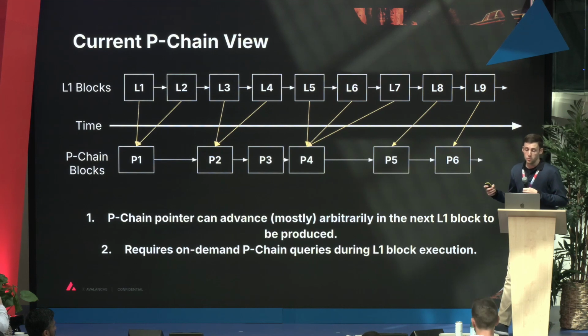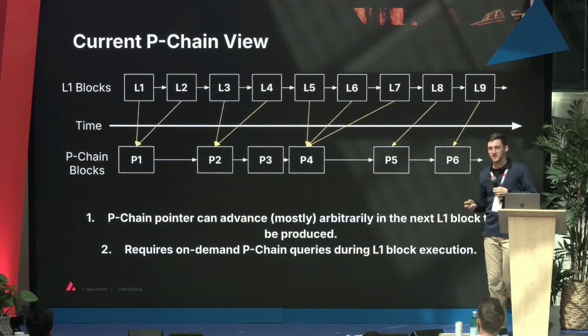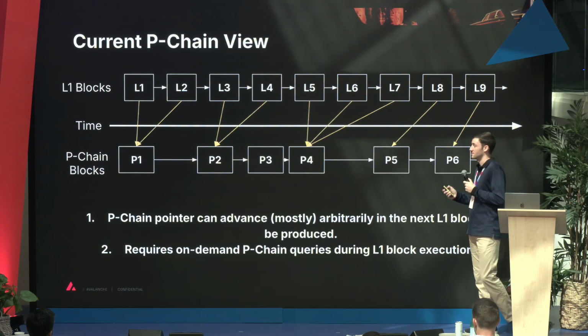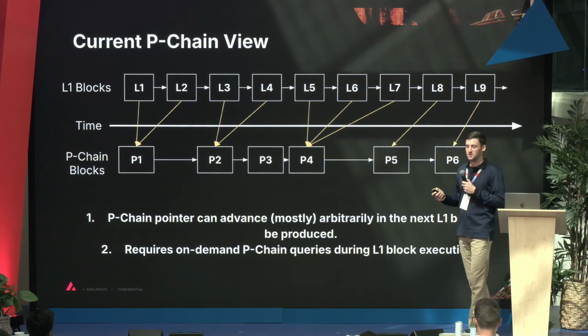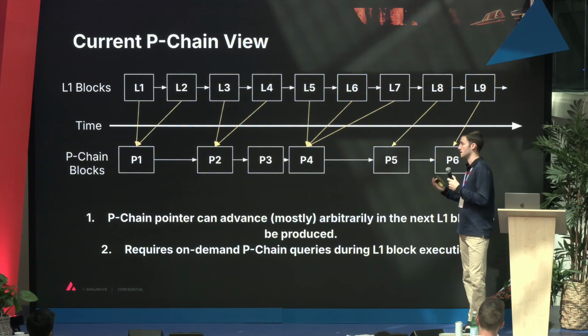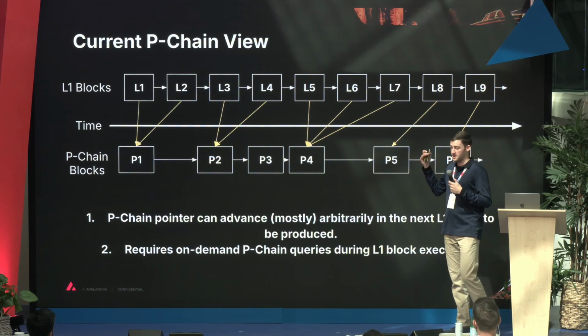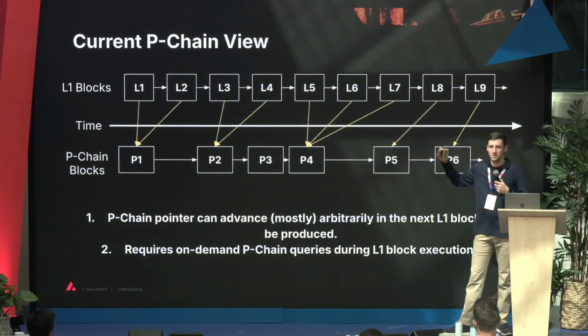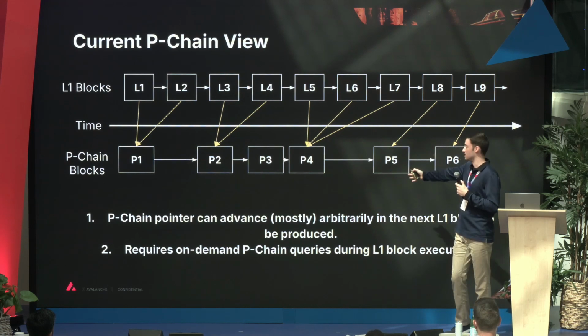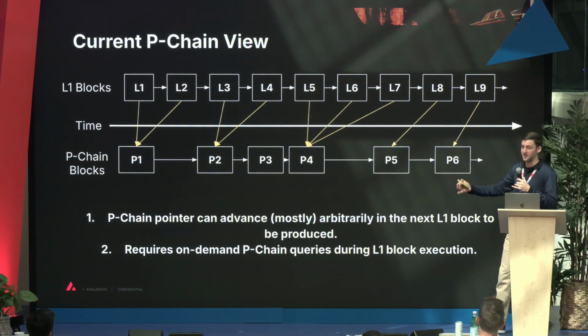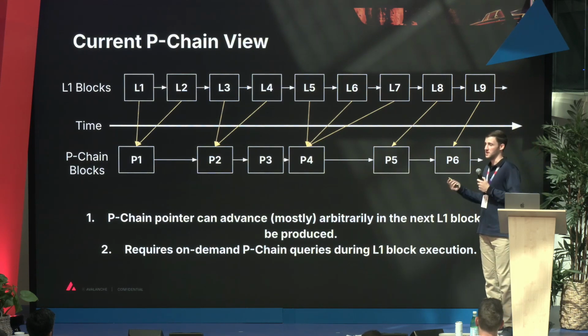So not knowing what the next P-chain height to be used is makes it difficult to generate valid ICM signatures, because if I am a relayer and I'm constructing an aggregate signature from height P2, but by the time my transaction gets included in a block, we're pointing to block height P4, now my signature that I generated from aggregating the validator signatures has become invalid.